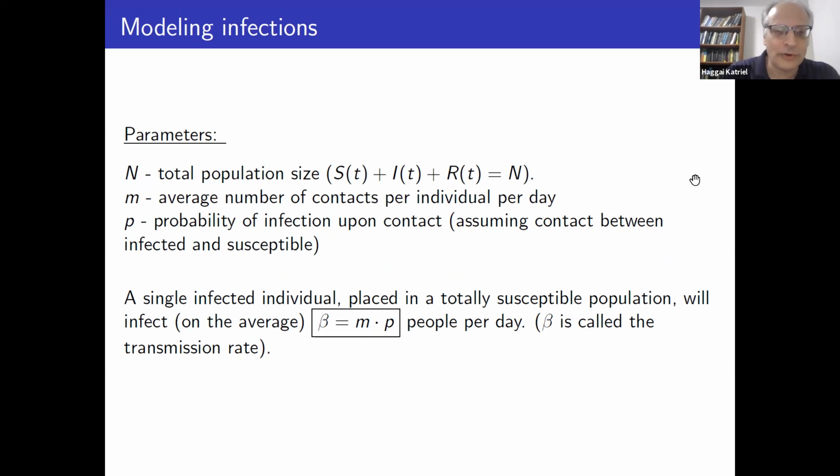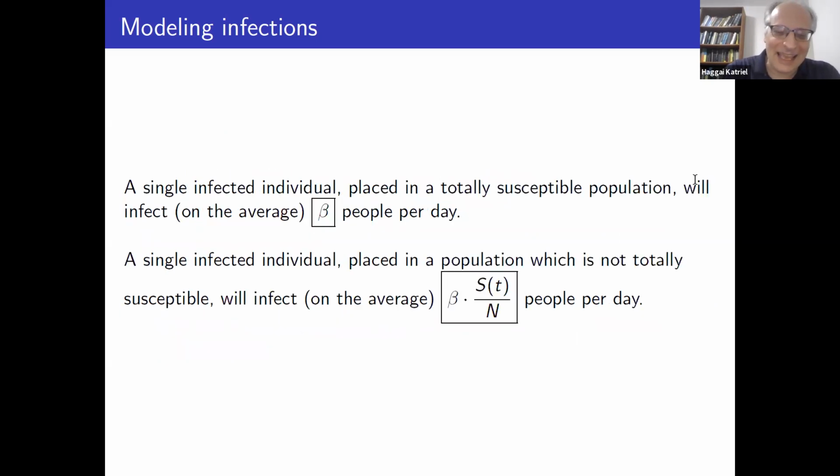It's the average number of susceptible people that one infected individual infects per day, if all his or her meetings are with susceptible individuals. But as the epidemic progresses, many of the meetings will be with those who are already infected or have already recovered.